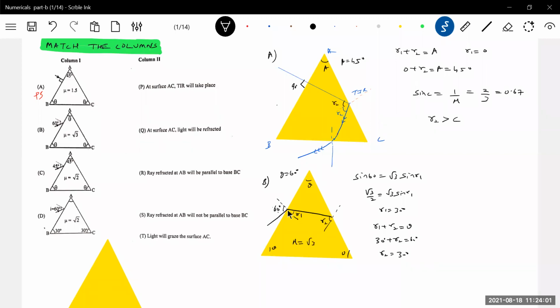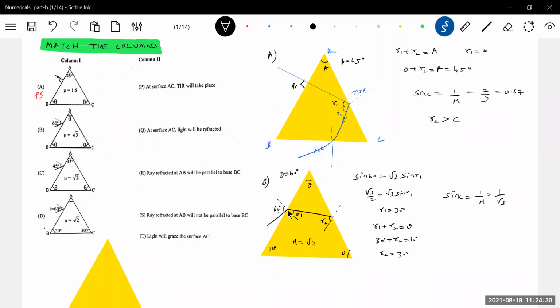Again we have to check the critical angle. What is the critical angle? Sin C equals 1 by mu. What do we expect the value to be? 1 by root 3 will be 0.58. We have to check whether it is greater than or less than.